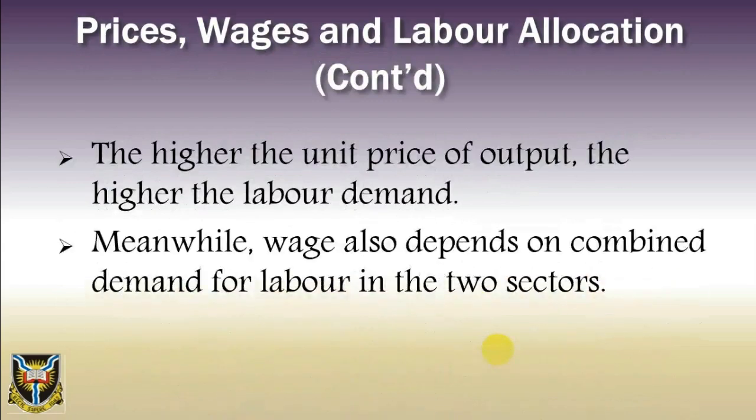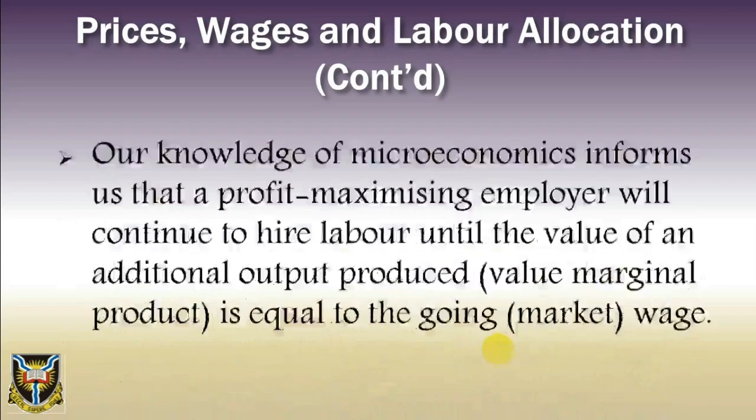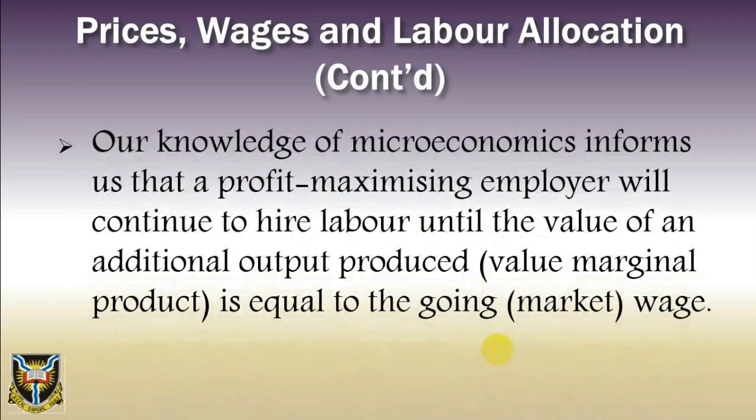Meanwhile, wage also depends on the combined demand for labor in the two sectors. Our knowledge of microeconomics informs us that a profit maximizing employer will continue to hire labor until the value of an additional output produced is equal to the market wage.